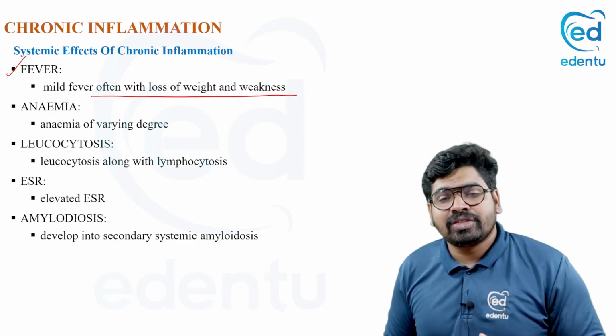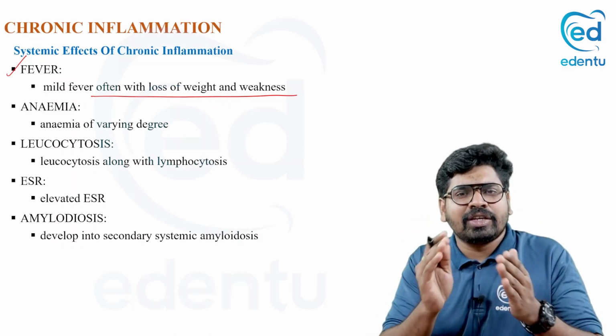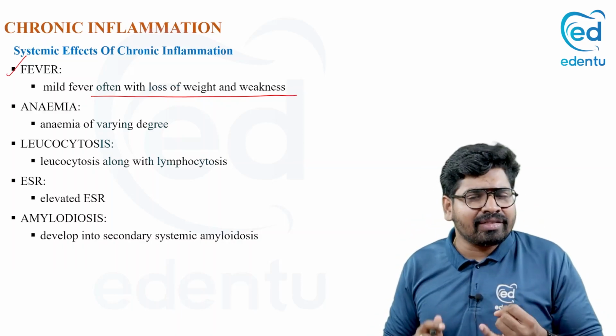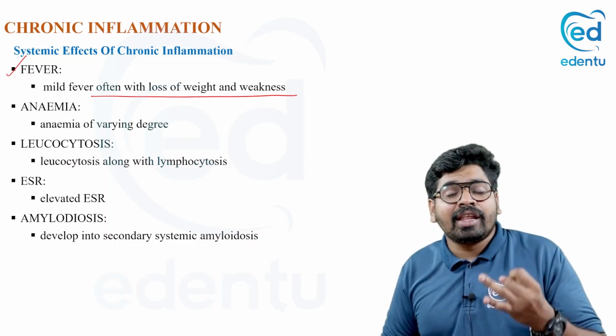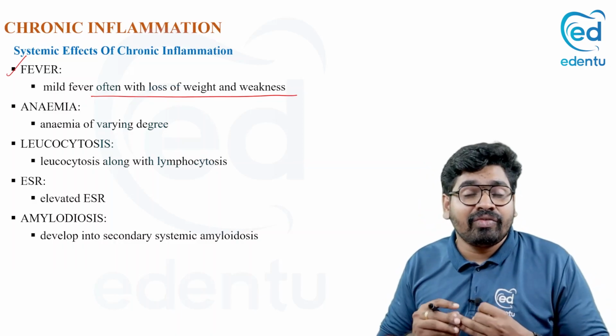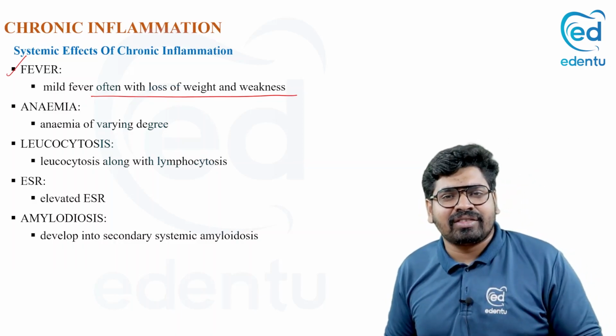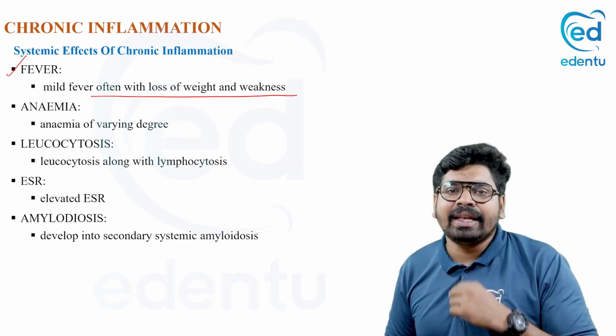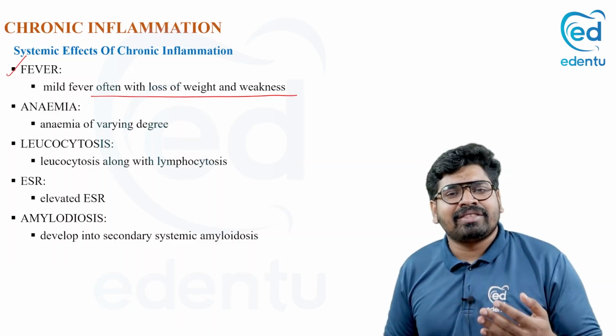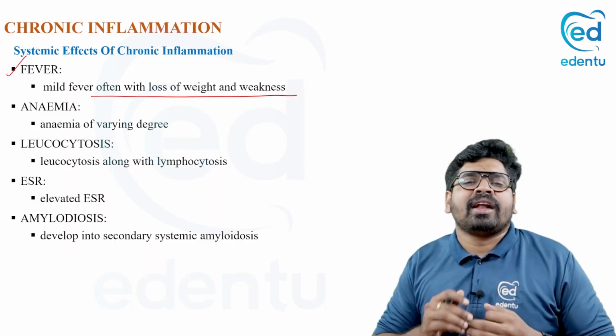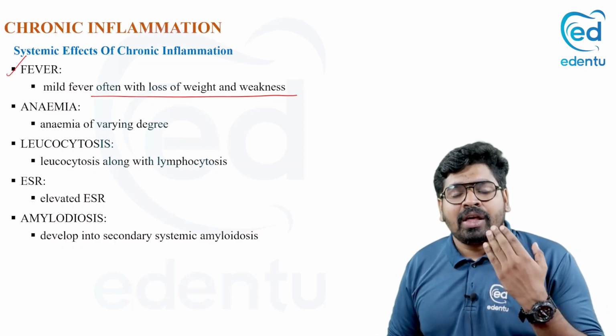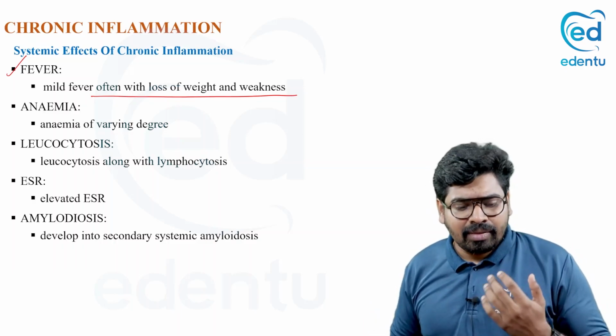A TB patient is having fever, cough and all, and he will have had extensive weight loss in the past years. If you ask the patient, he will be very lean. He may say, I was very well built and I got this lean. There is severe weight loss, and he may feel weak.